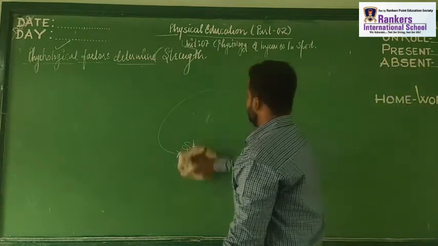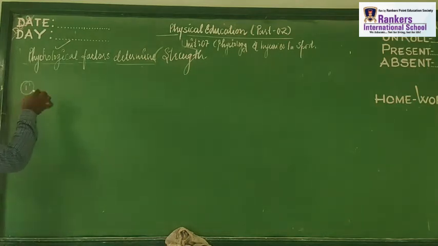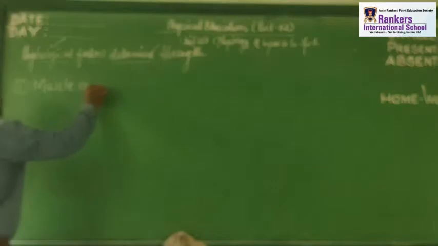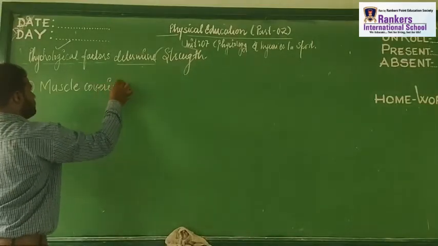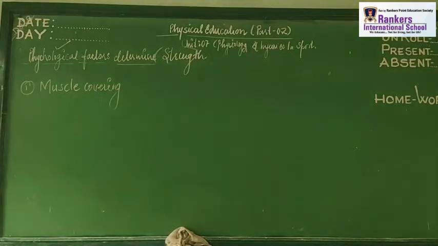Whenever we talk about strength, the very first thing that comes to my mind is muscle covering. When we talk about muscle covering, the very first thing I would like to tell you is the muscle fibers' covering, sarcolemma, S-A-R-C-O-L-E-M-M-A.